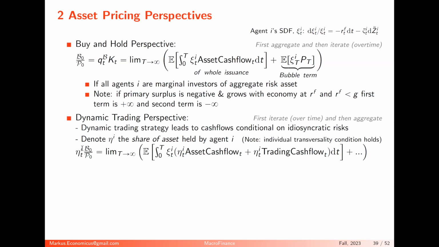I hold a bond. Whenever you make a positive shock, you buy more bonds. So you have a negative cash flow from buying your bonds. Whenever a negative shock, you sell some of the bonds, you get a positive cash flow. And you say, what is the stream of this buying and selling? How do I price this cash flow stream I get from this buying and selling on top of the cash flows? Okay. And I price this.